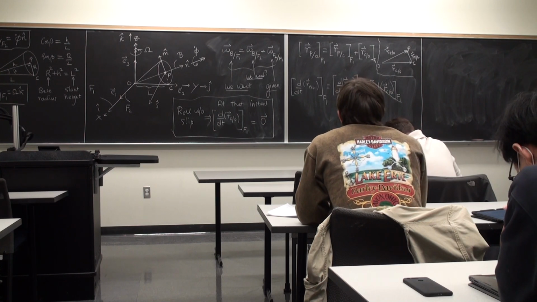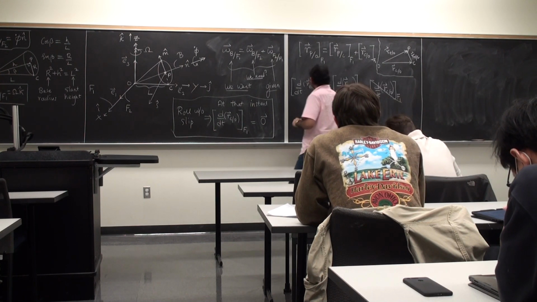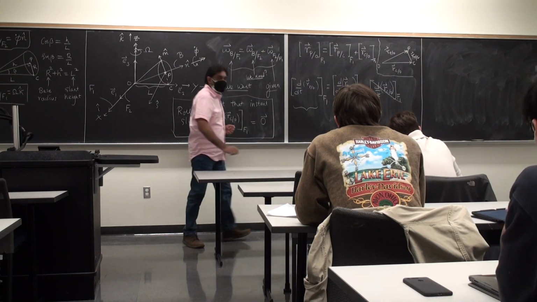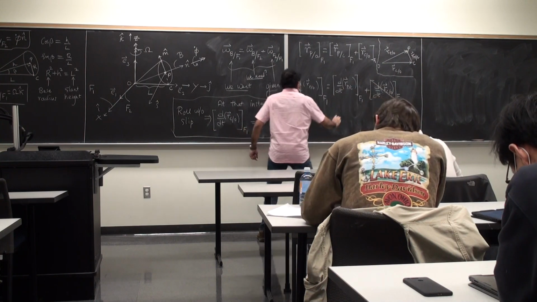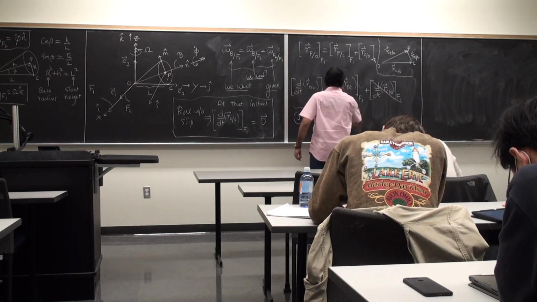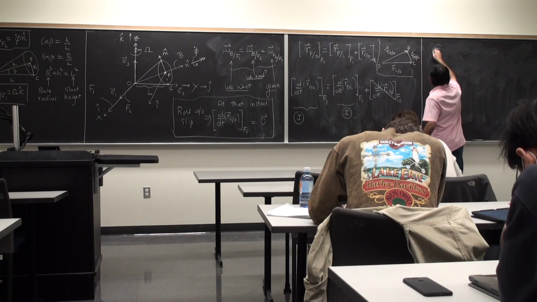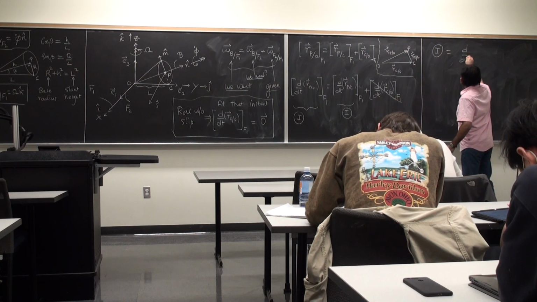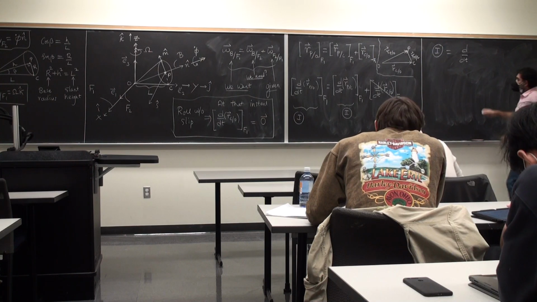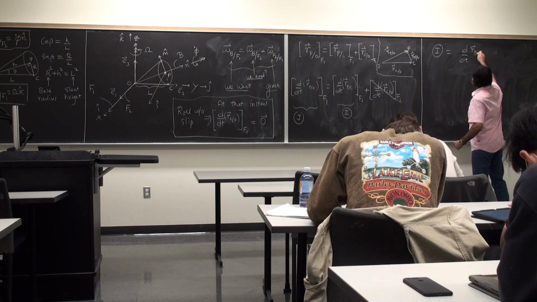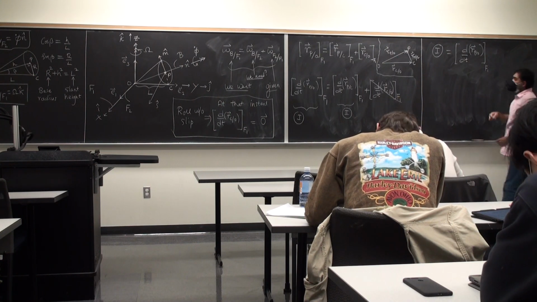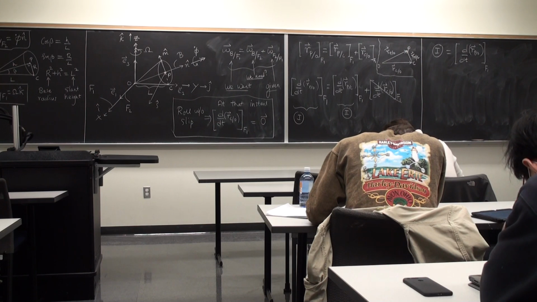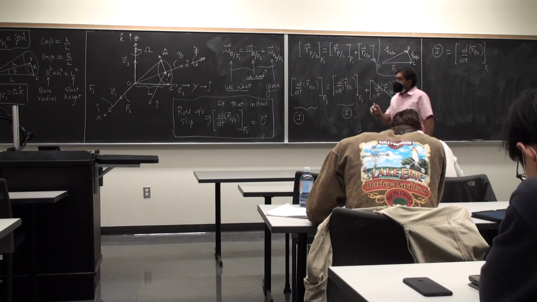Then I start looking at each of these terms. Let me call this term 1 and this term 2. Term 1 is d by dt of R P slash O with respect to F1. My intention is to bring the body into the picture.